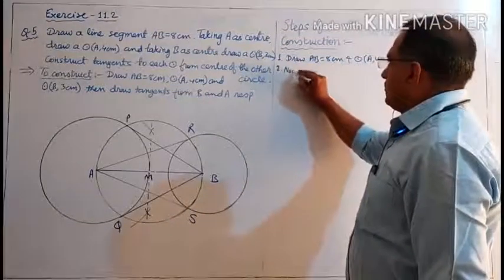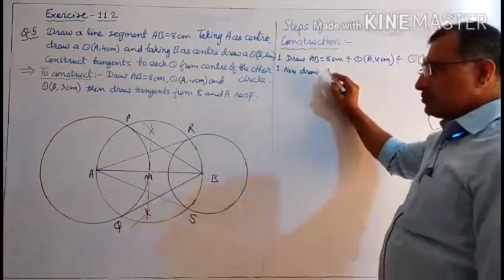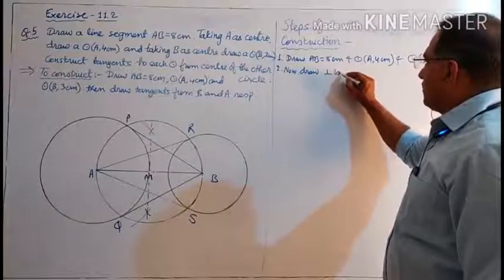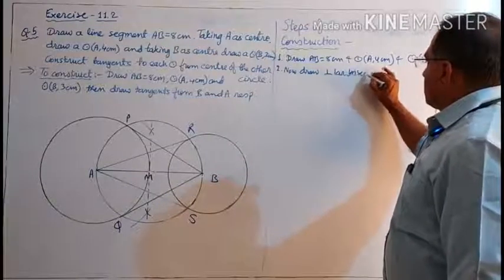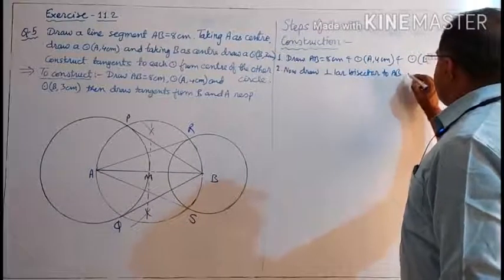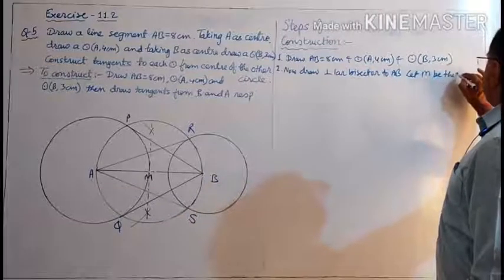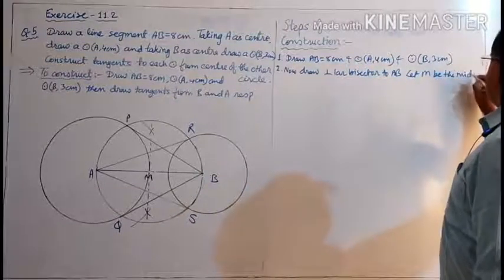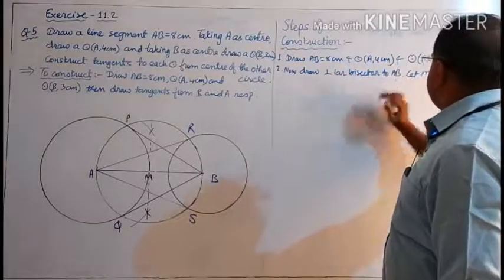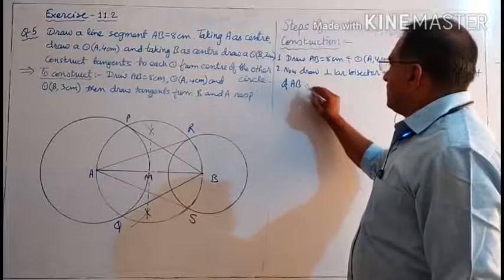Now draw perpendicular bisector to AB. Let M be the midpoint of line segment AB.